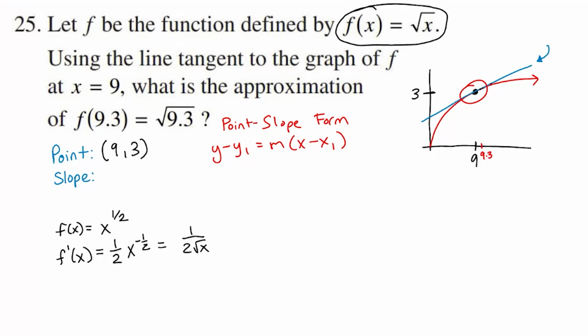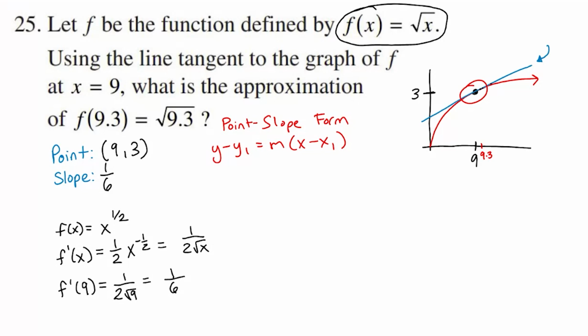So if I need the slope of the curve, which will be the same as the slope of that tangent line at x equals 9, I can simply plug in 9 into that equation and get 1 over 2 times 3, which is 1/6. So the slope of that tangent line is 1/6.